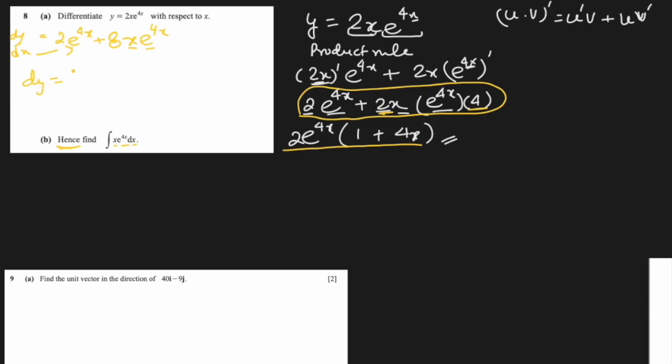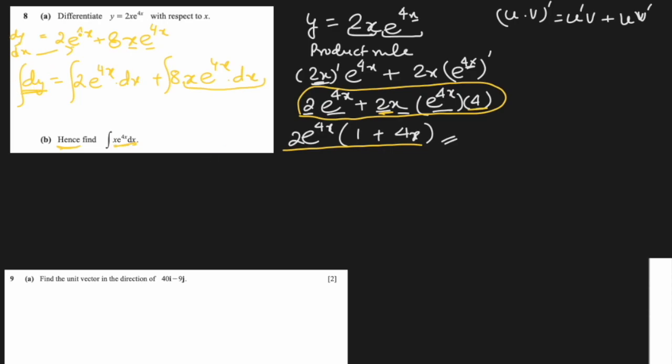Dy is equal to 2 e to the power 4x dx, this dx multiplies with this, as well as with the next one, 8x e to the power 4x dx. Now this question matches with this part, right? Now we know that if I integrate this and integrate this, it's allowed. We can integrate both sides.